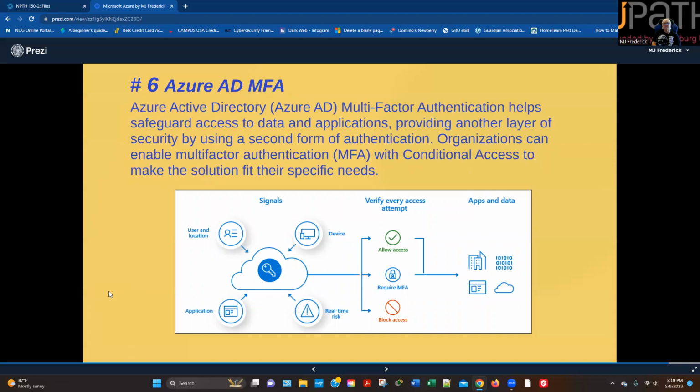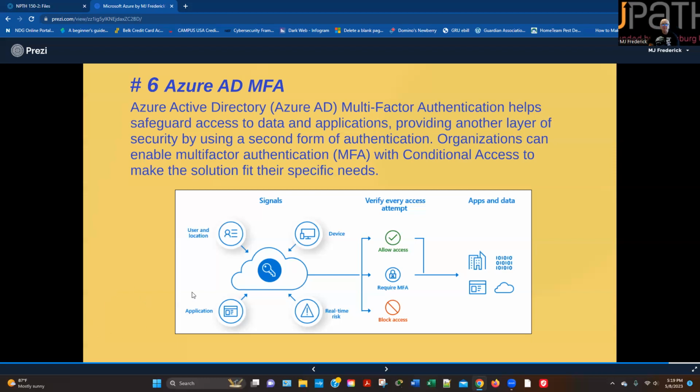So with Active Directory, it gives us the safeguard to access our data, applications, and resources that we want to use, providing another layer of security by using a second form of authentication, not just relying on one form of authentication. So organizations can enable multi-factor with, as I showed you earlier, conditional access to make the solution customized to your needs.